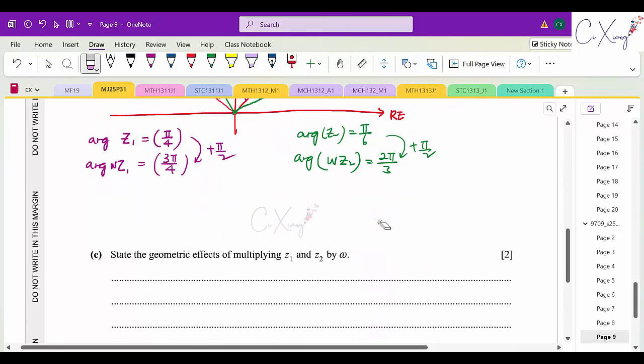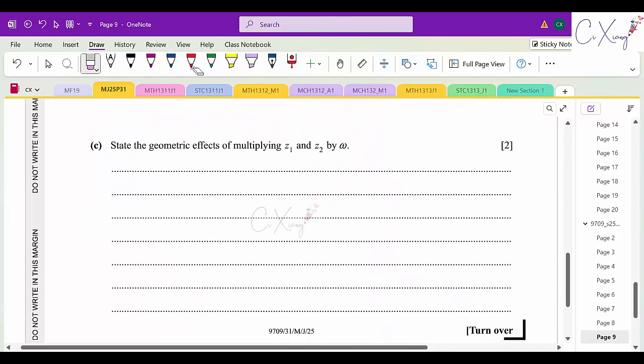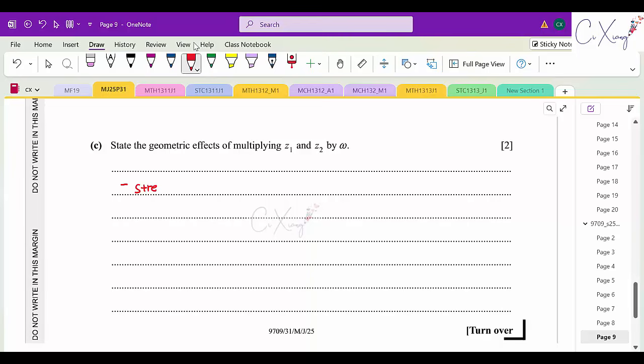Okay, so what they want us to do here is state the geometric effect. So there are two. Just now you realized that the length becomes double, right? So you can just tell them that there's a stretch in length of Z1 and Z2 with stretch factor 2.